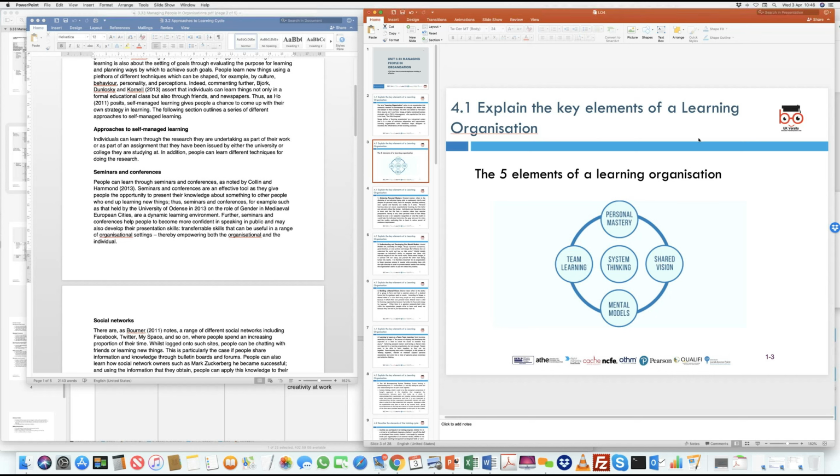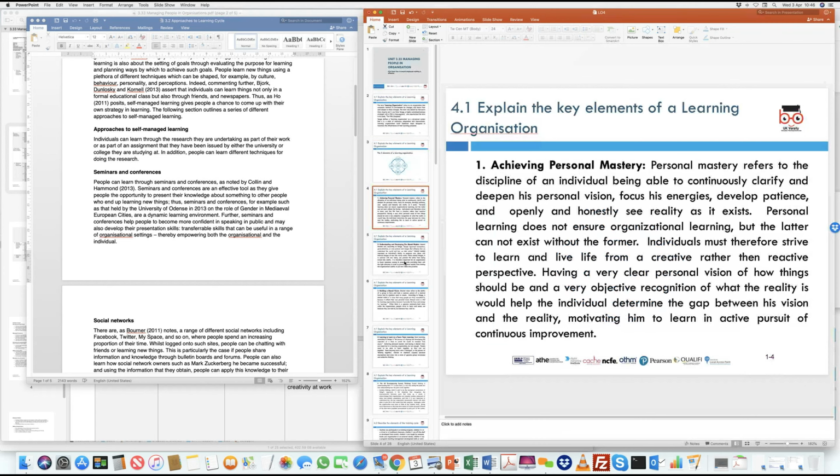And he identified five elements to it. So these elements are described here. They talk about team learning, systems thinking, shared vision, mental models, and personal mastery. So we look at each of these in a bit more detail in terms of understanding what are the elements of a learning organization.